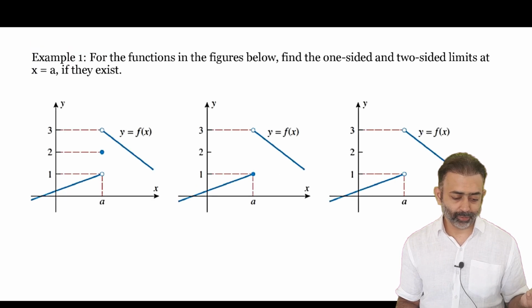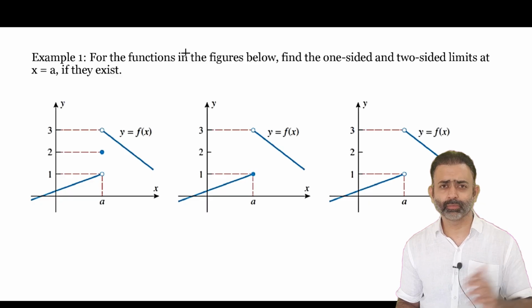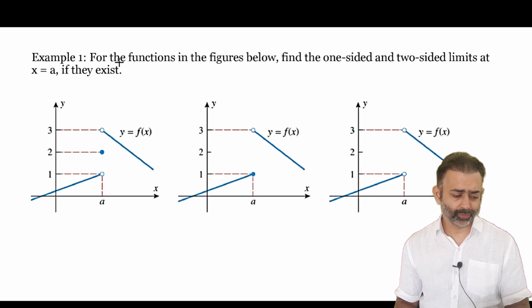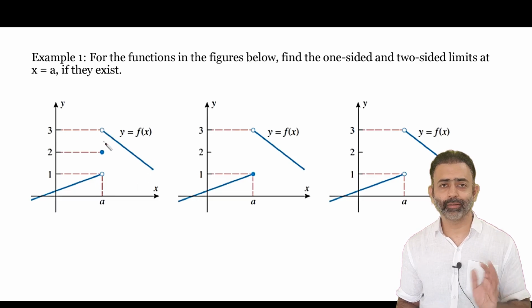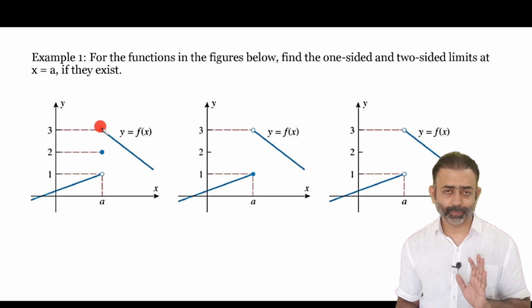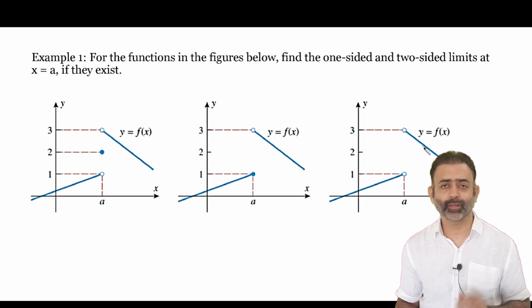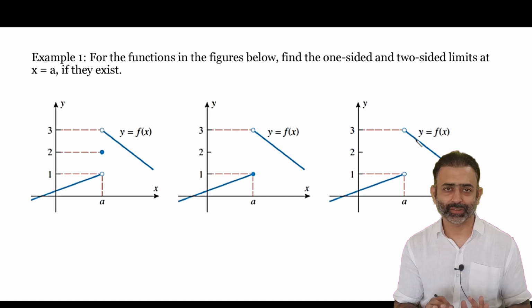One-sided limits and two-sided limits we have already done. So let us do some quick examples. For the function given below, find the one-sided and two-sided limits at x equal to a if they exist. As you can see here, left hand limit is coming out to be 1. I am moving towards point a from left, so LHL is 1, RHL is coming out to be 3. So the limit for this part does not exist.